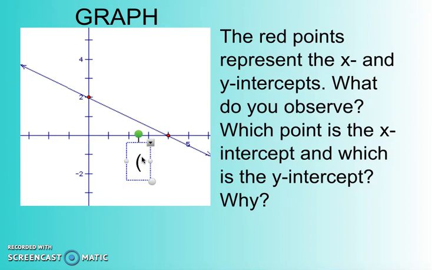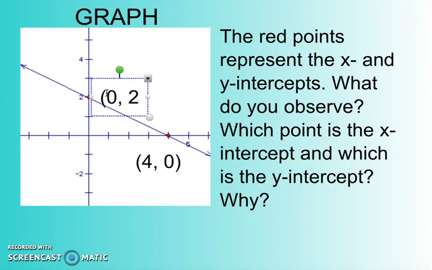Yep, it crosses at 4, and then we did not move up or down, so it's (4, 0). And then for the y-intercept, where does it cross? At 0, yeah, because we didn't move right or left. And then +2, nice job. So just by looking at a graph, we can pick out those x and y-intercepts.